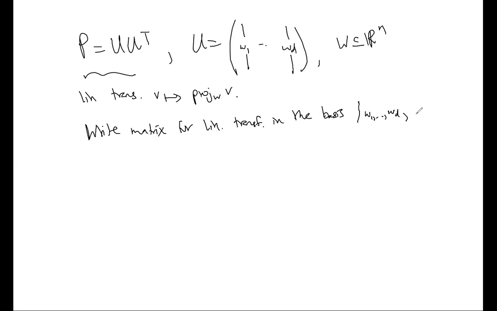So let's do a basis for the W perp. This is for W, and let's do a basis for W perp. What should we call that? We'll call that Y1 through YR.